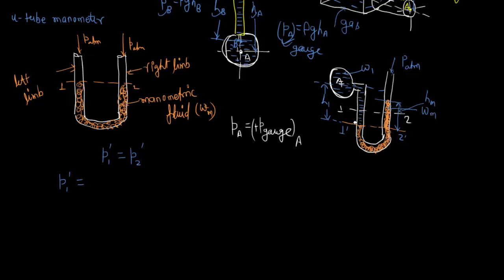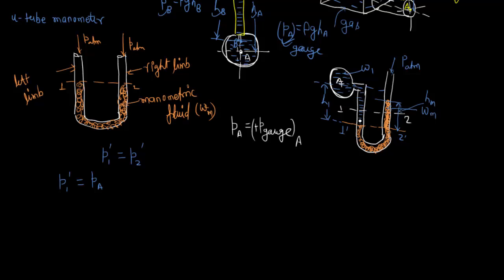So first of all, at this point A, the gauge point, there is some pressure that we want to calculate, and we are saying this is PA, that is unknown. Now at the same level the pressure is the same, that is PA, but as we are going down in the fluid, obviously the pressure intensity increases.